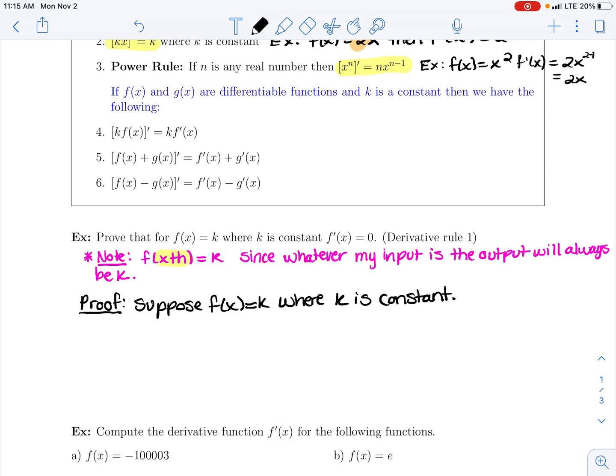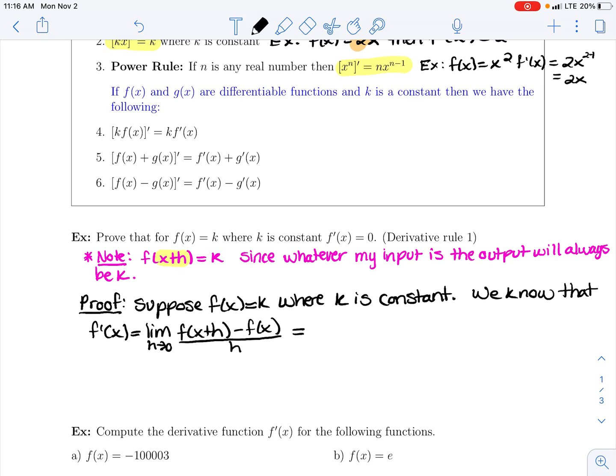Here I'm going to say, okay, we know that f prime of x is equal to the limit as h approaches 0 of f of x plus h minus f of x all over h.